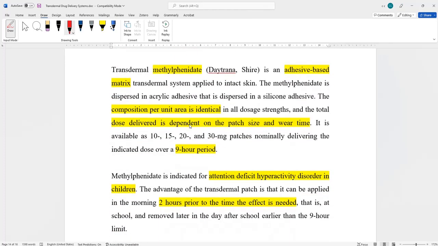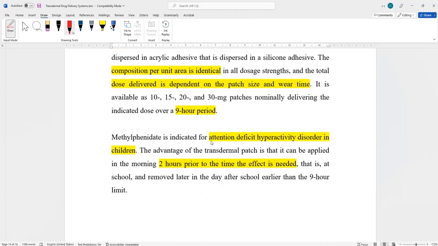Now this patch is used for children who have attention deficit hyperactivity disorder, ADHD. Why specifically for children, and why is it suitable and desirable in children who have this condition, who cannot focus?